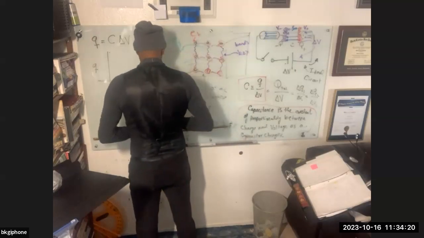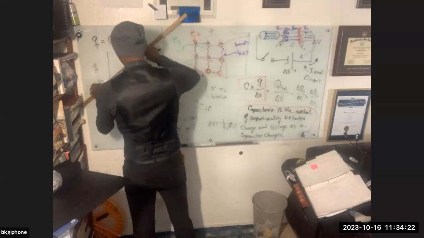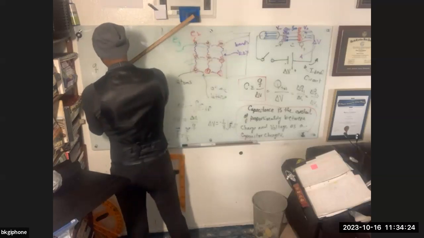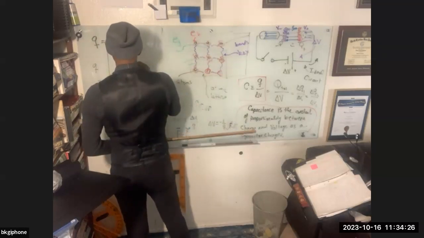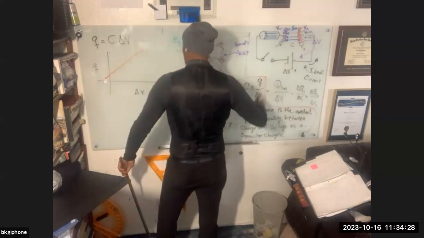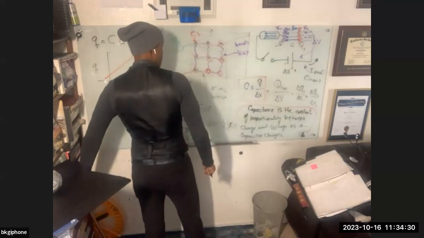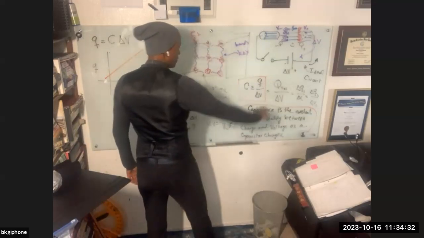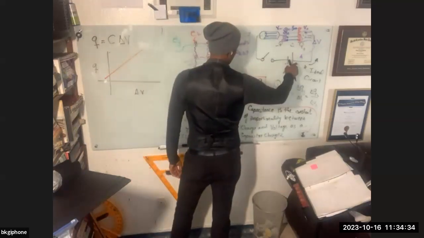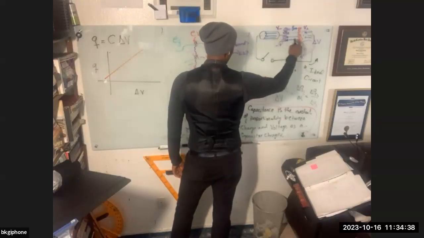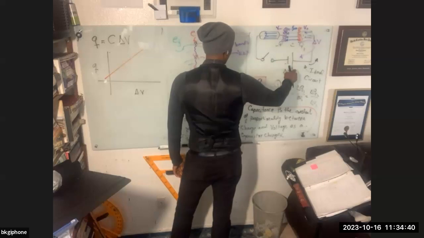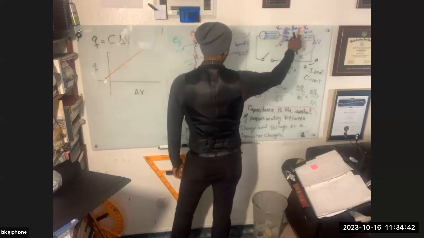So there's actually a way to test that in the lab where you can get a variable capacitor and you can just change the voltage on it, using a variable voltage source here, and then for particular values of voltage you're going to get different charge on it.